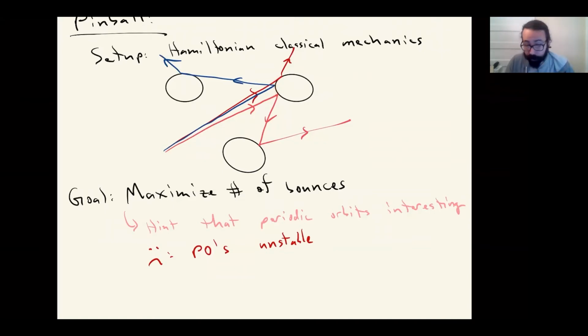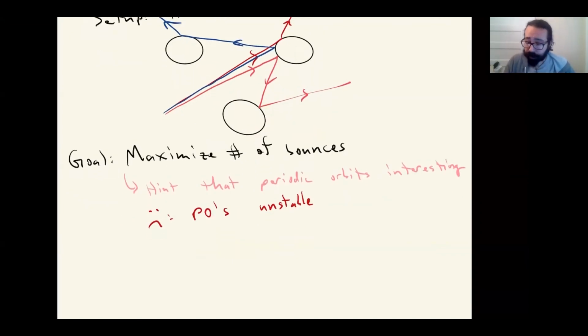And so for reasonable setups of, say, the size compared to the separation between the disks, this will be a genuinely chaotic system. And so these periodic orbits will turn out to be unstable.